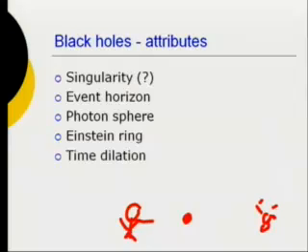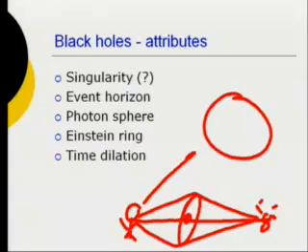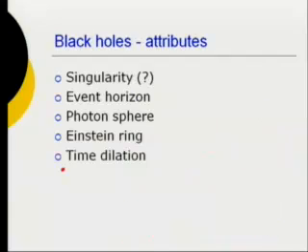Now we directly make an alignment, so the eye of the person, the black hole, and the light bulb are all on the same line. Then all the photons will take the same radius, and when this person looks out, they will see the light bulb not as a light bulb, but as a ring. That is an Einstein ring. And the existence of that was also discussed by Einstein prominently in the 1930s, which is why it carries his name. Okay, time dilation. Very interesting fact about black holes.